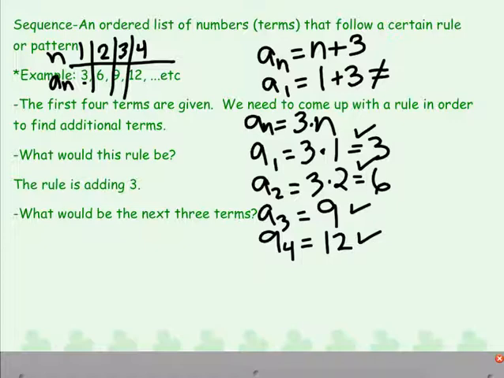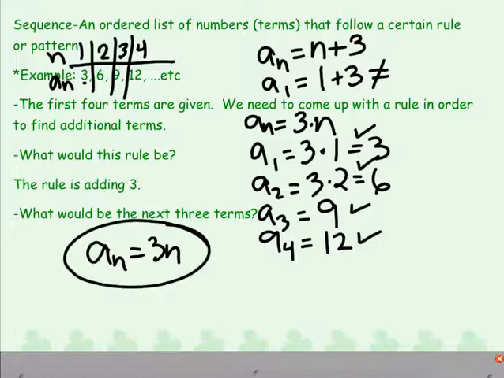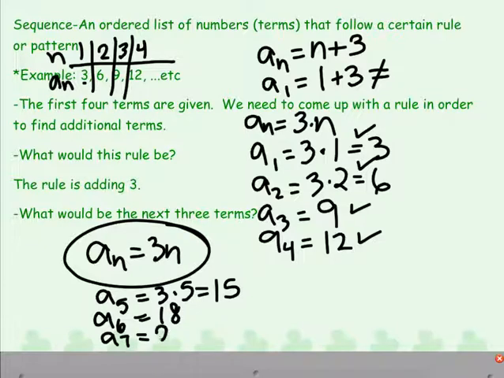So this rule of a sub n is equal to 3n does give me the correct value, which means I could continue this pattern and find a sub 5. That gives me 3 times 5, that's 15. A sub 6 gives me 18. A sub 7 gives me 21.